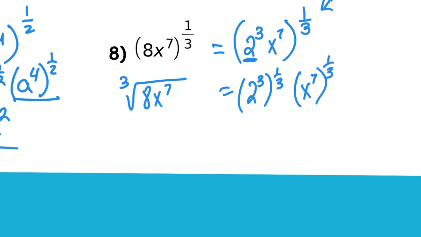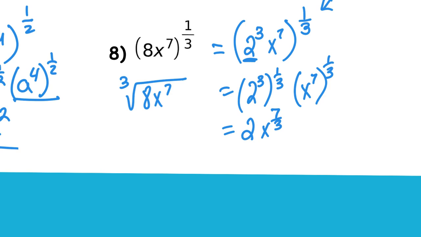So 3 times a third, I got 2 to the 1, which is 2. 7 times 1/3, that's x to the 7/3. Sorry. I don't know what I was thinking there.